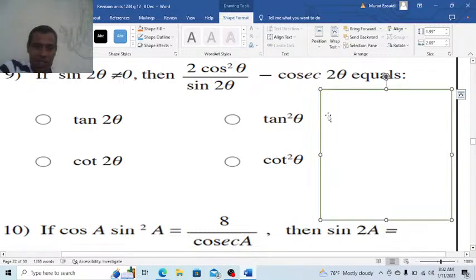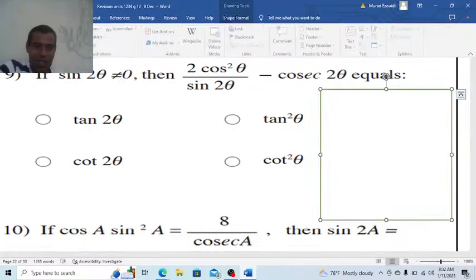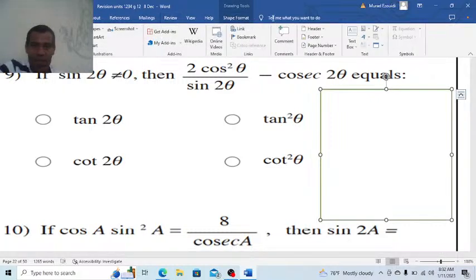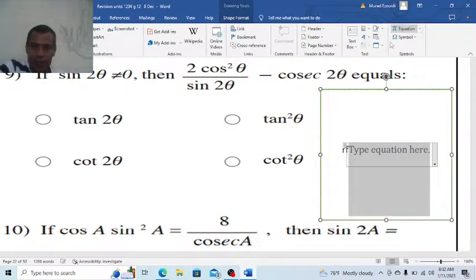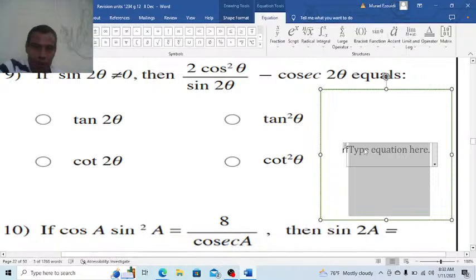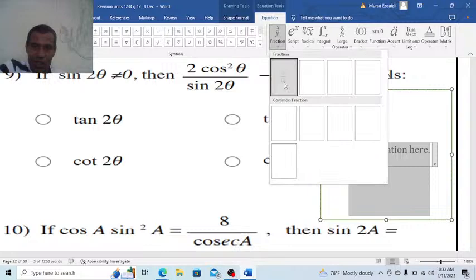I will write now, let's say insert. I'm going to insert an equation, writing a fraction.